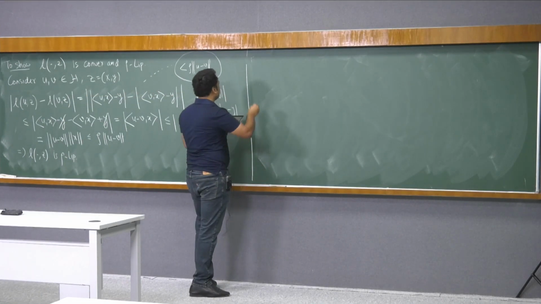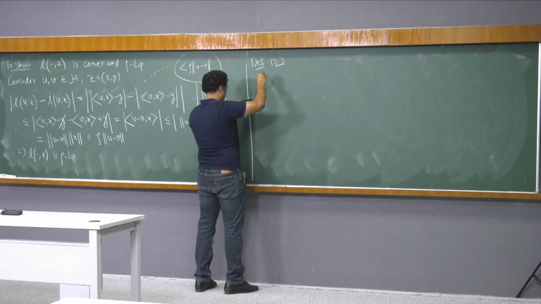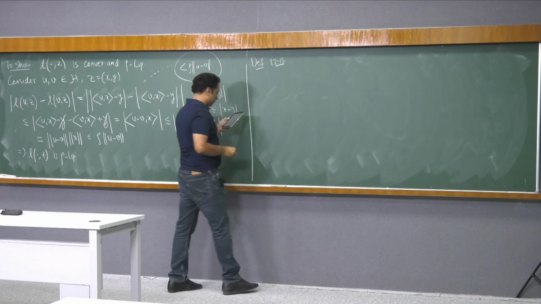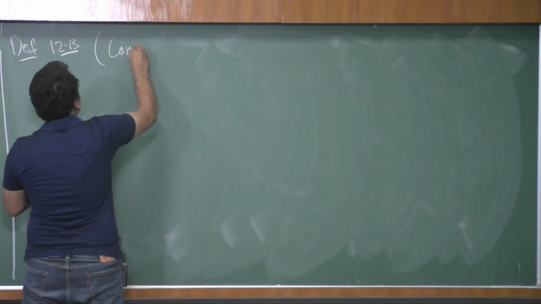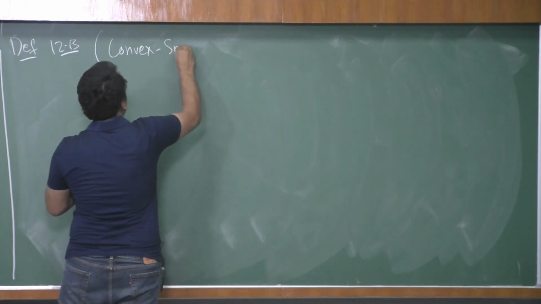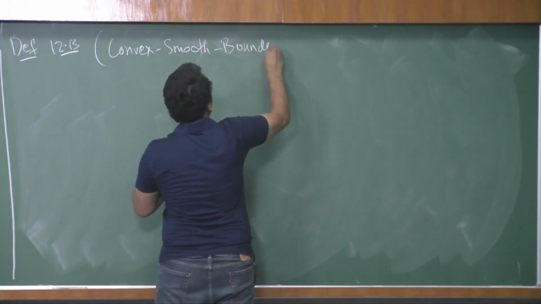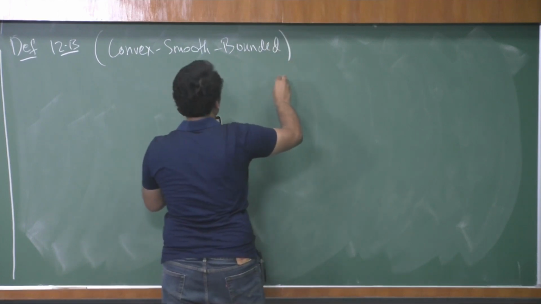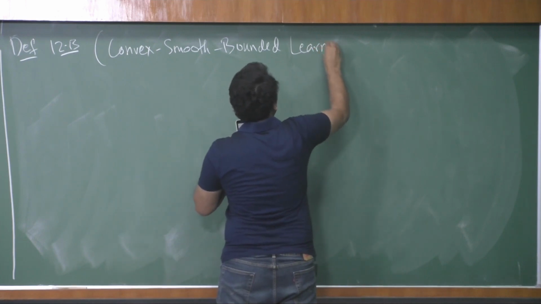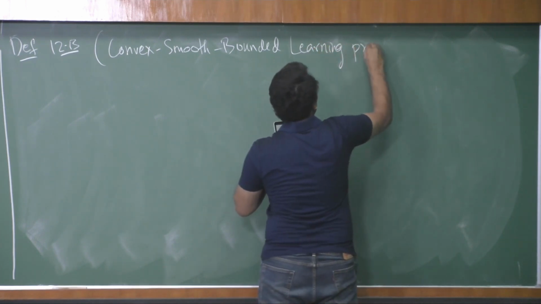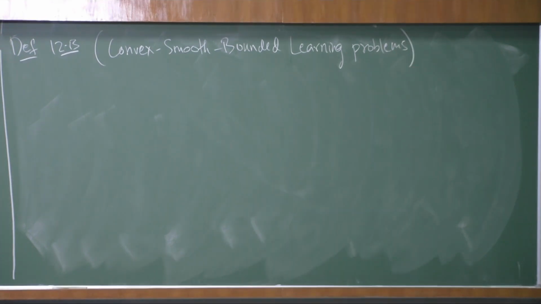The other definition that we have is 12.13, convex, smooth, bounded learning problems. So we can define this class.